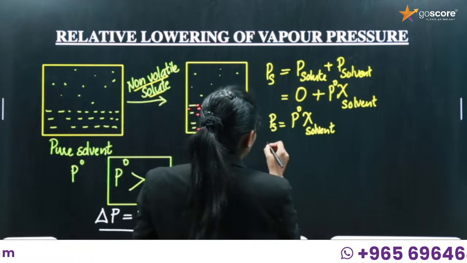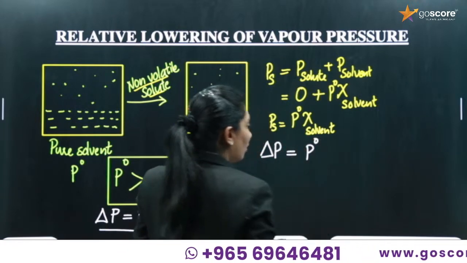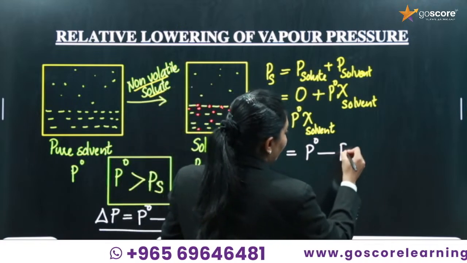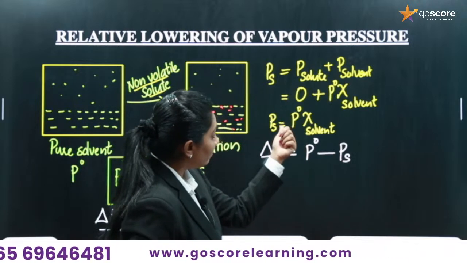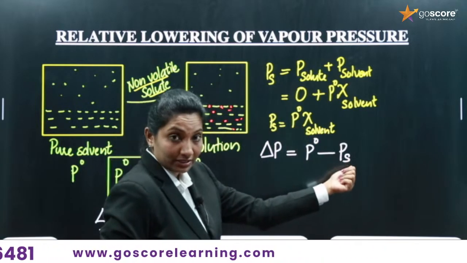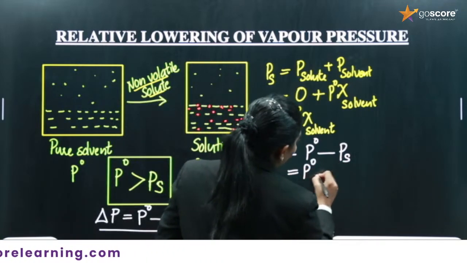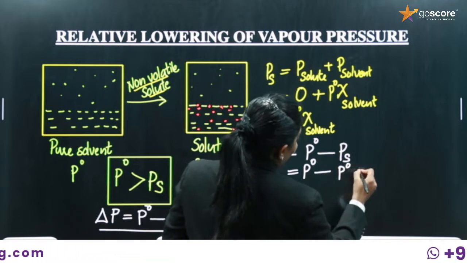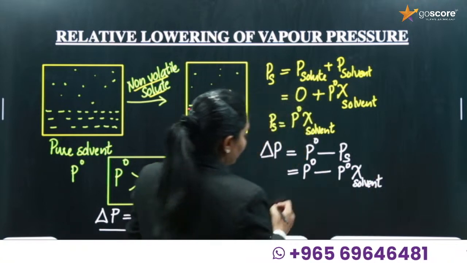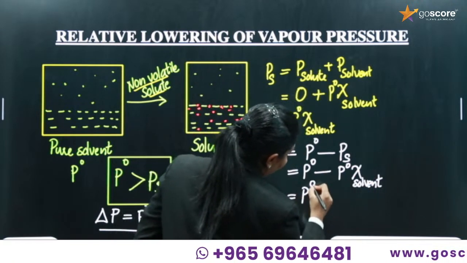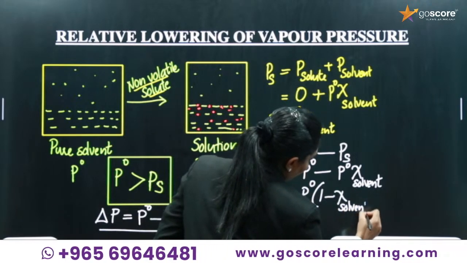Now I substitute PS equal to P naught into chi solvent. Delta P becomes P naught minus P naught into mole fraction of solvent, which is P naught into 1 minus chi of solvent.